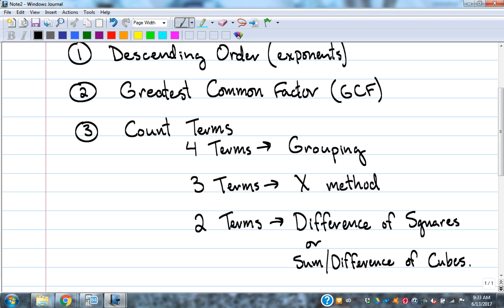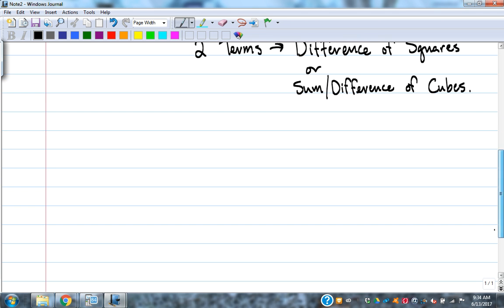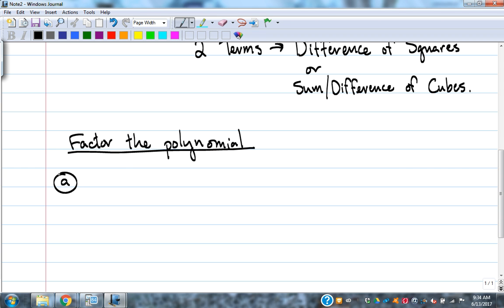Let's start with the first 2 rules there and kind of work our way up to doing rule number 3 as we go here. So first thing, we're just going to call this factor the polynomial. First example is this, 5x plus 10.